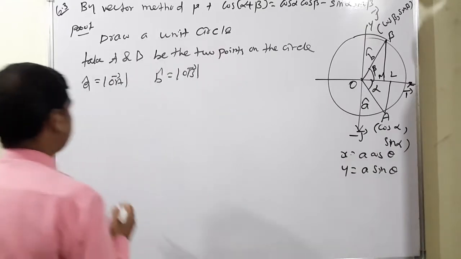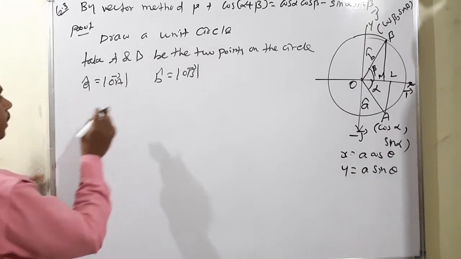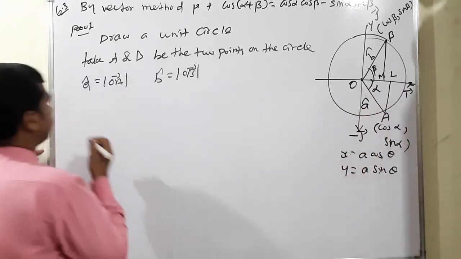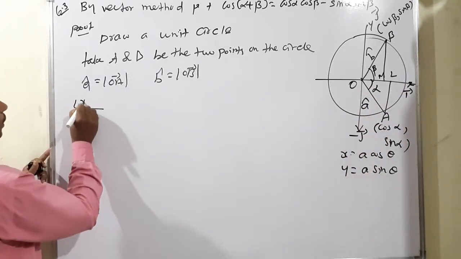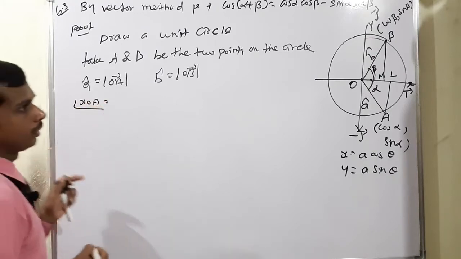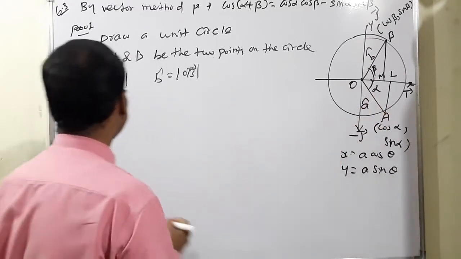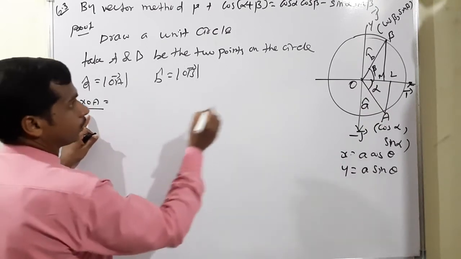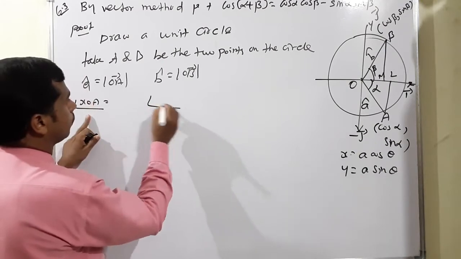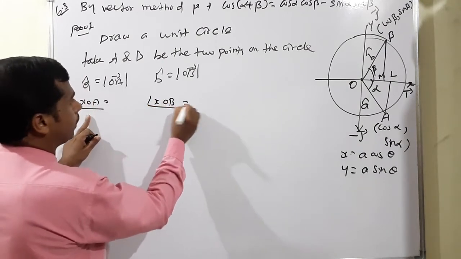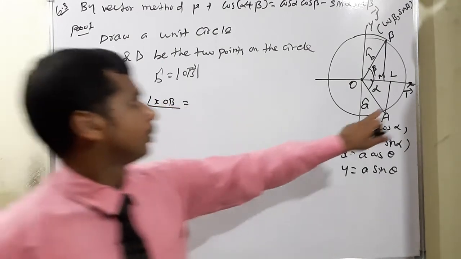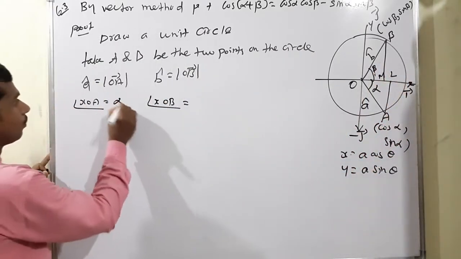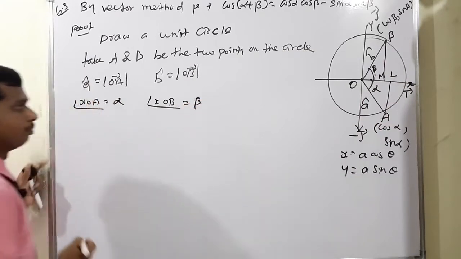Then, according to A cap and B cap, angle XOA and angle XOB. XOA means alpha, and XOB means angle beta.